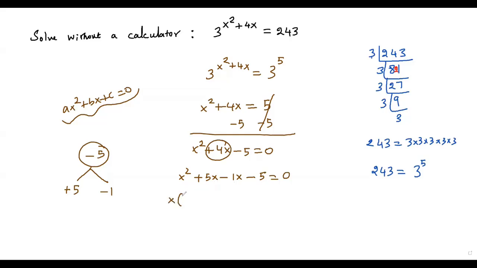To know the stuff inside the parentheses, you divide this one by x, this one by x. I divide both terms by the one I factored out. When I divide x squared by x, I'm just getting x. When I divide this 5x by x, the x will cancel out, and I'll be getting +5.